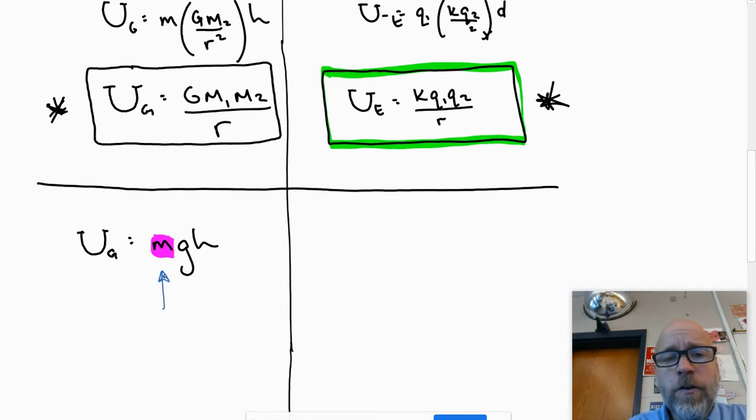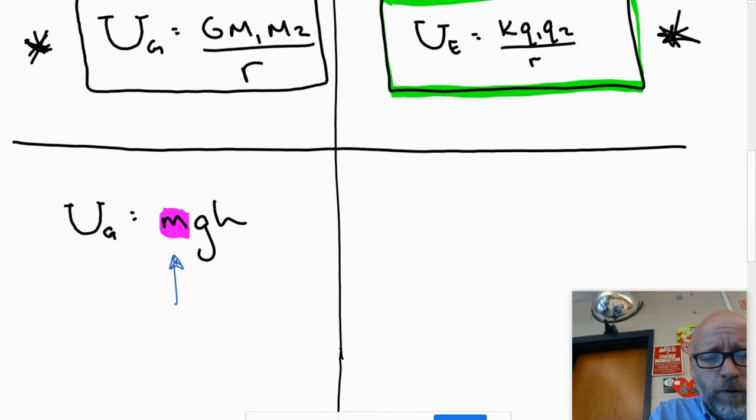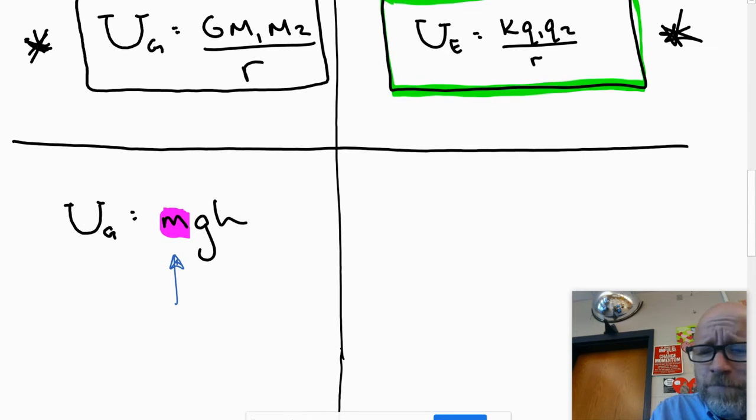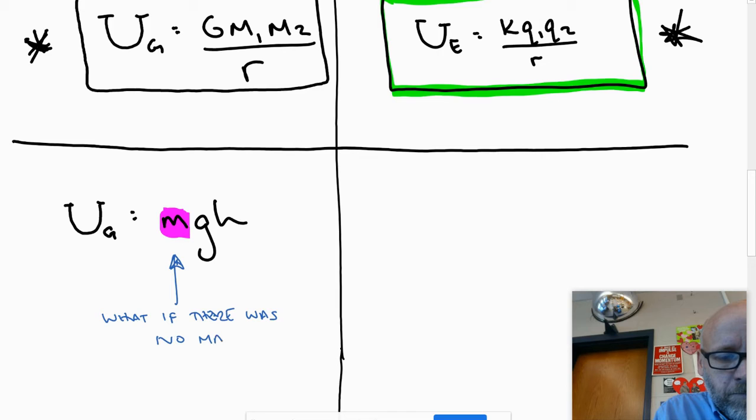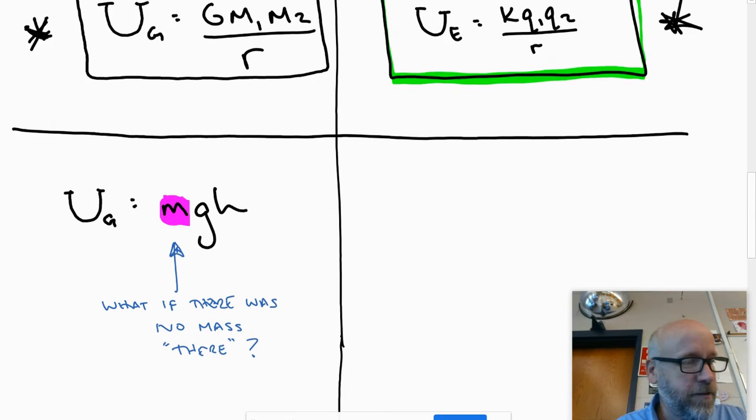Yeah, I know. Usually I'm giving this lecture in front of the board. But play along. What if there was no mass there? And by there, I mean in the gravitational field.